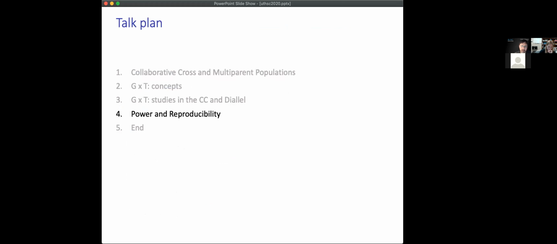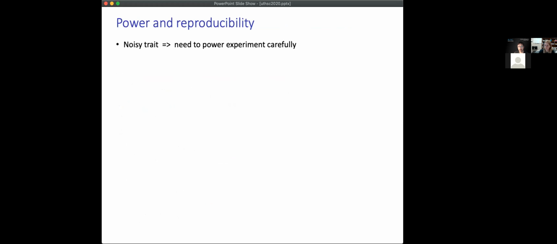So design is obviously important, but power is obviously important, particularly when you know that using this delta idea, you're going to be in a more low power situation to start with.